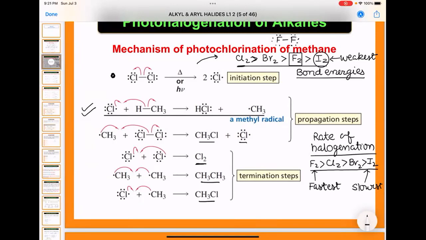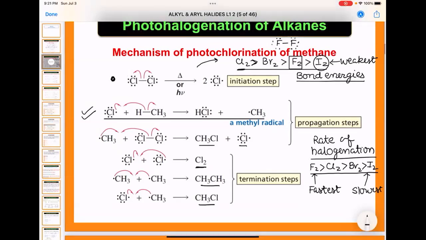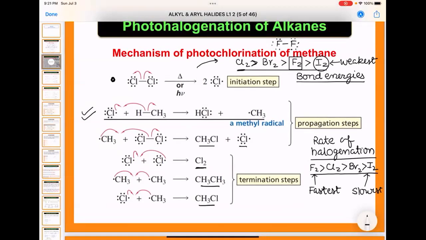If the radical dies, if the radical is not there, there is no reaction. That's why it is known as the chain termination step. It means the reaction is going to stop, right? Clear? So I hope this is clear to everyone.